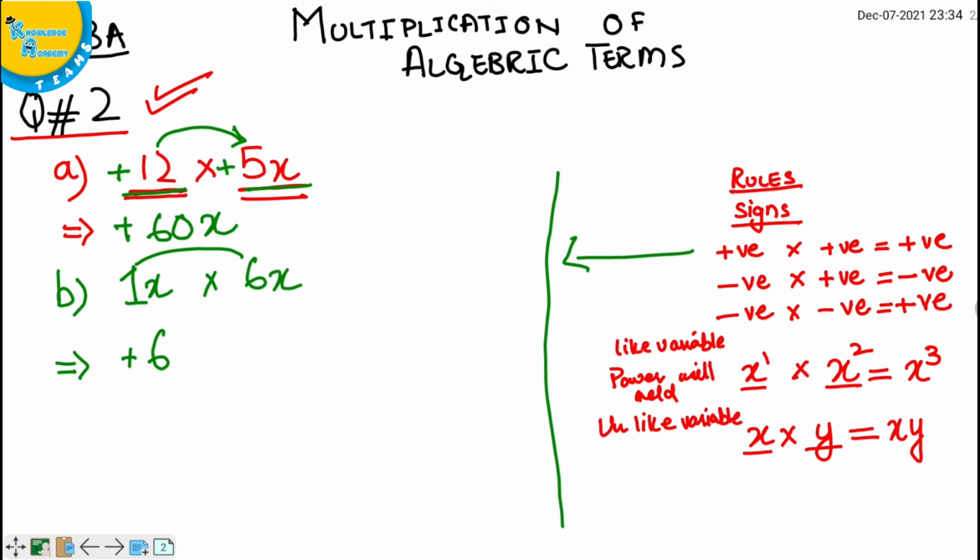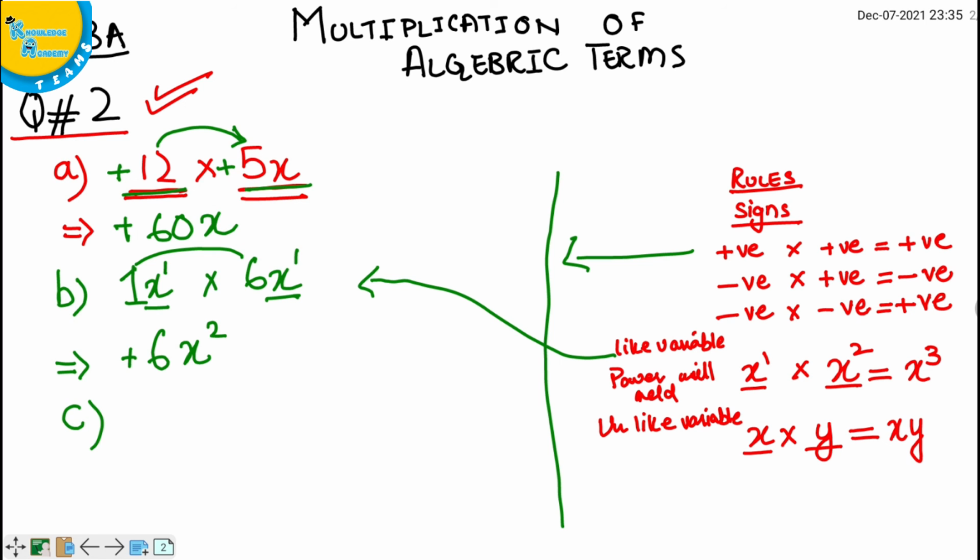And another rule that I've told you, if we have like terms, the like terms rule will apply here. We can see that both of the terms have like variables, right? So we will add their powers. The answer will be plus 6x square.